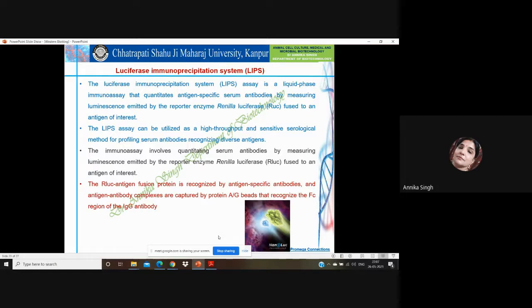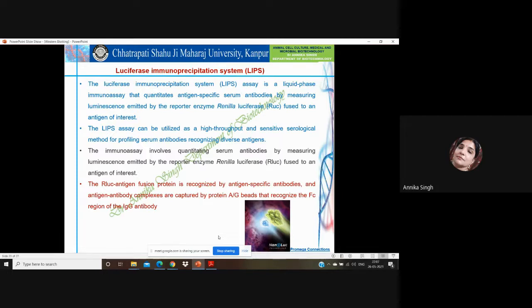These AG beads are then purified, washed, and exposed to the substrate coelenterazine, which is a substrate used for the luciferase assay, particularly the Renilla luciferase assay system.